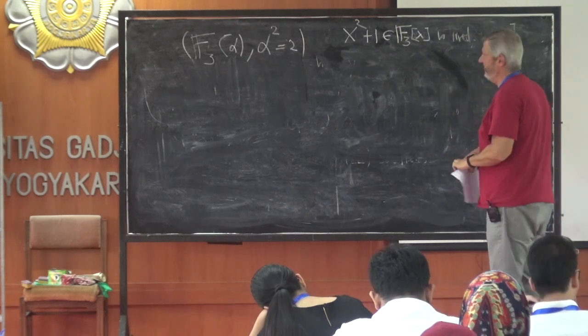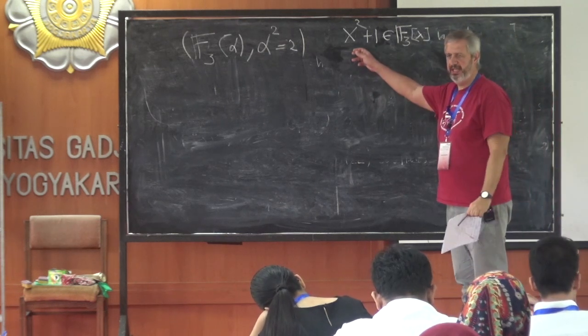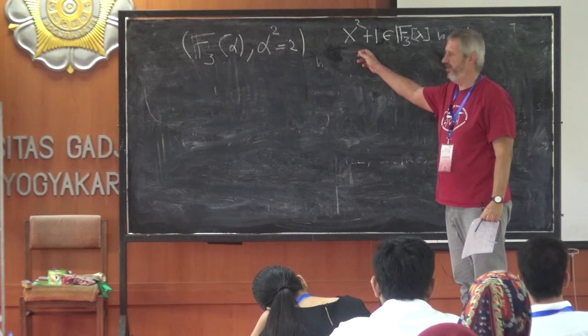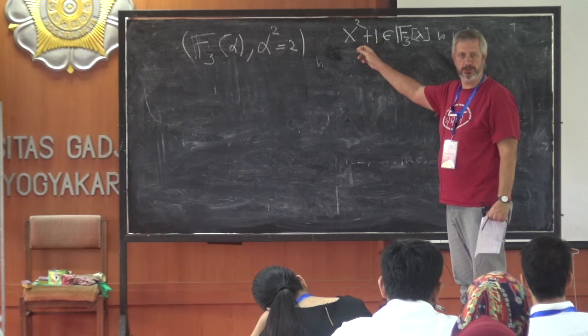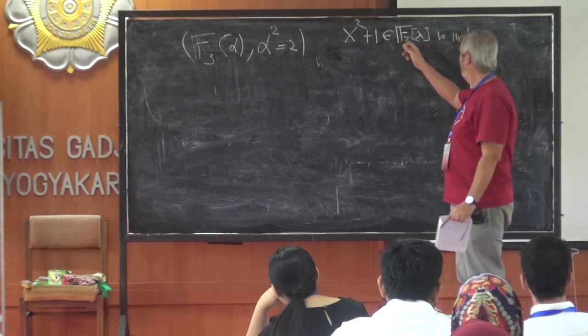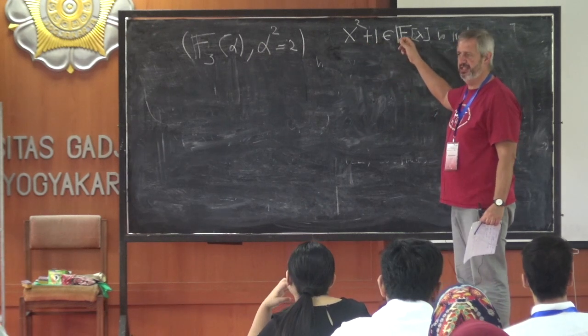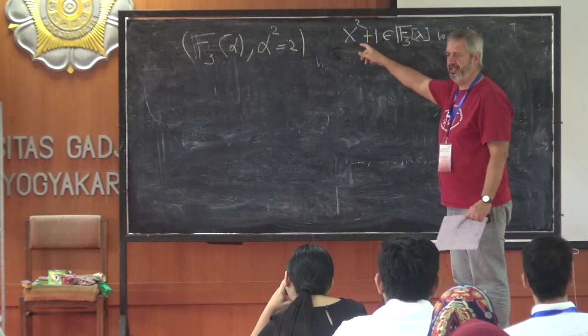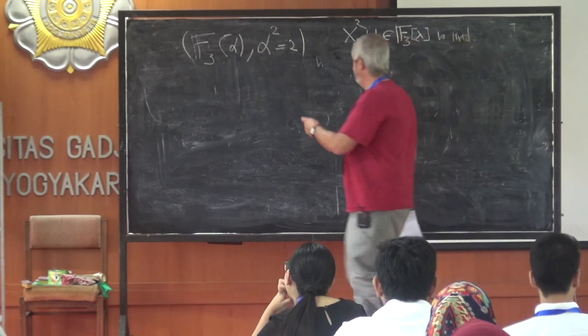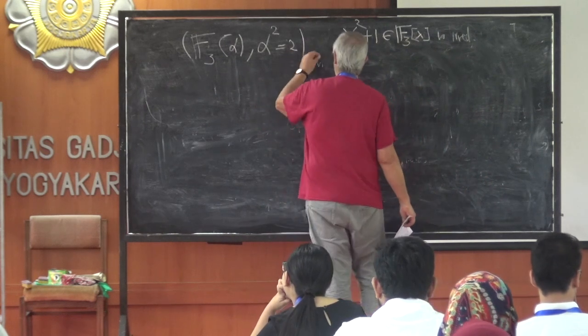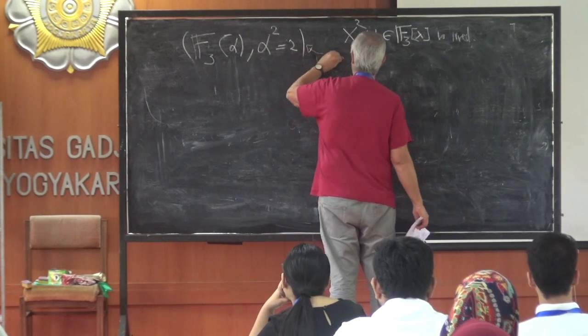Well, in the case of a polynomial of degree 2, it's kind of obvious how to prove that this is irreducible, because if it was reducible, it would have a root. And if you check with the 3 numbers 0, 1, and 2, you verify that none of them is a root, so this is irreducible. And so you have this field, and this field has 9 elements.